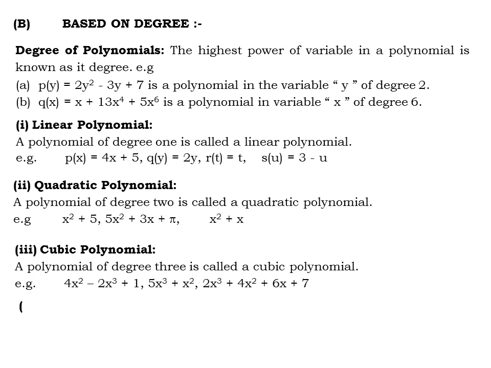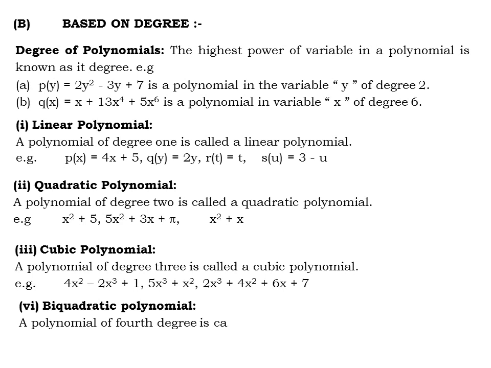And the fourth one, biquadratic polynomial. A polynomial of degree 4 is called a biquadratic polynomial. Example, 4x to the power 4 plus 3x, 2x cube plus 5x square plus x is called a biquadratic polynomial.